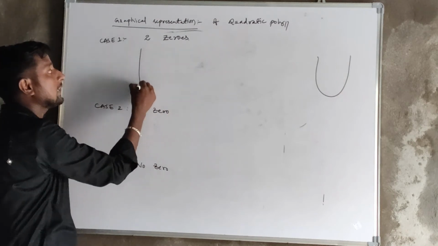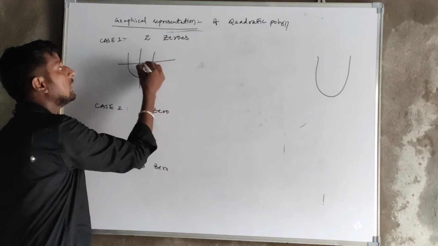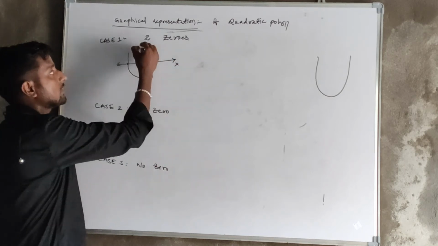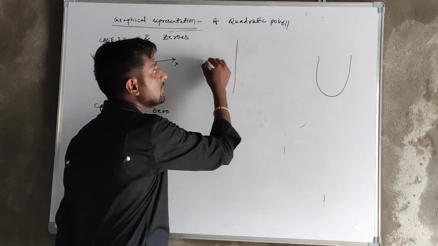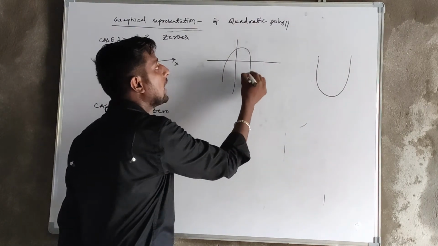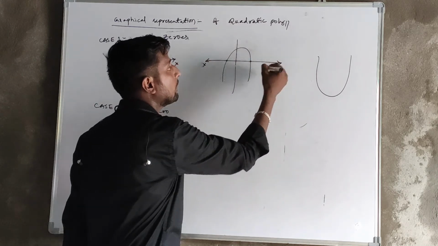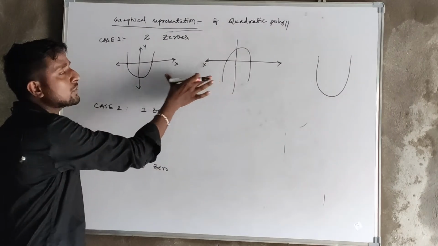That means in the diagram, a parabola cuts the x-axis at two places. In case 1, we face two situations.